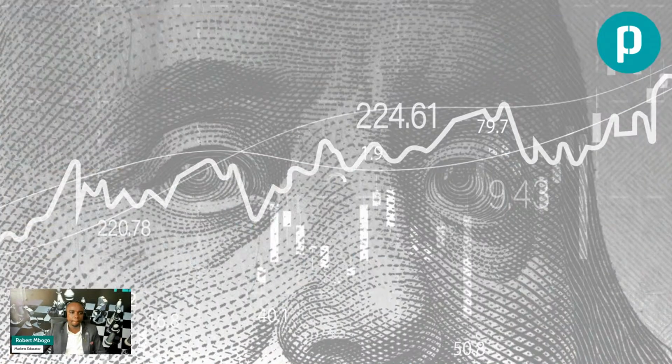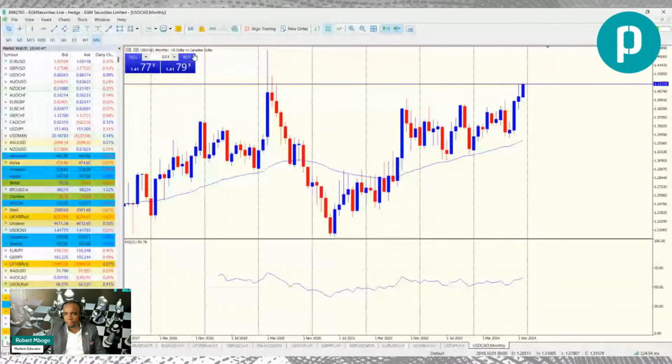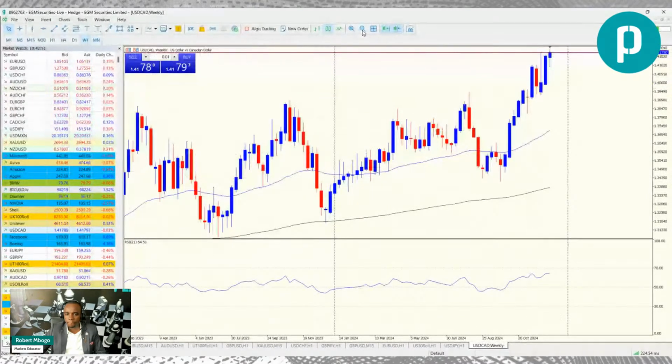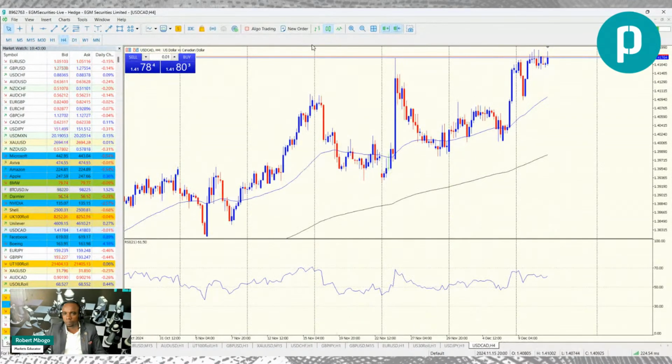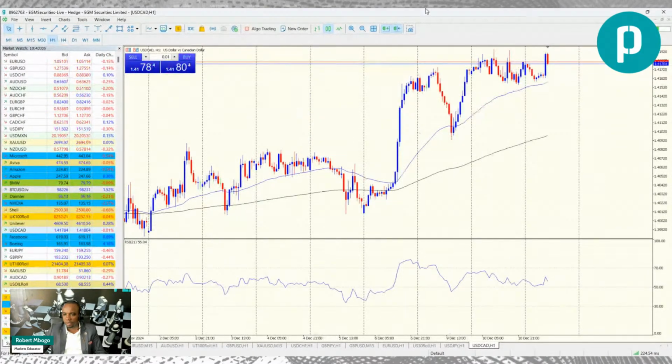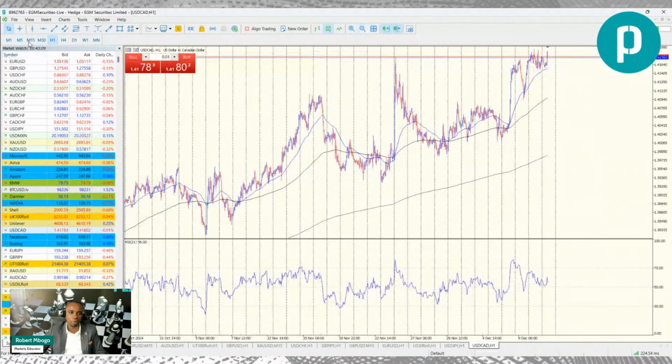So let's see where opportunities are. Go to higher time frames. So we've been bullish from the daily. We've been on a bullish trend. You can see some rejection there. This area seems to be a strong resistance, but for how long?